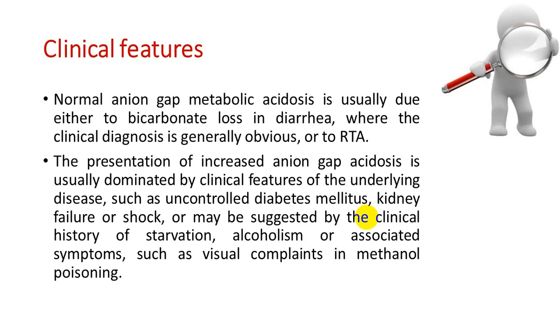Renal for R, T for tubular acidosis. Presentation of increased anion gap acidosis is usually dominated by clinical features of the underlying disease, such as uncontrolled diabetes mellitus, kidney failure, or a state of shock, or may be suggested by the clinical history of starvation, alcoholism, or associated symptoms, such as visual complaints in methanol poisoning.